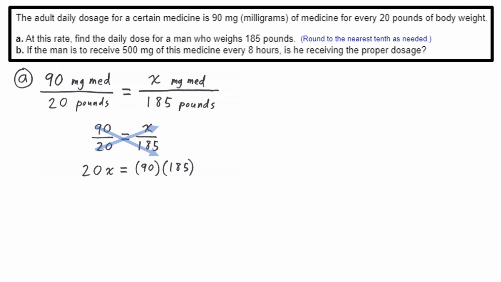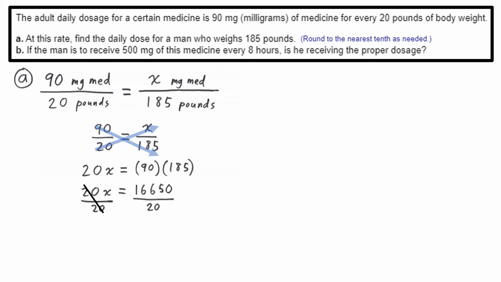So we can use our calculator to simplify. 20X equals 16,650. And then we need to divide both sides by the coefficient of X. We want to get X by itself. So that's dividing both sides by 20. And the 20s will cancel. To determine the right-hand side, we'll use our calculator.